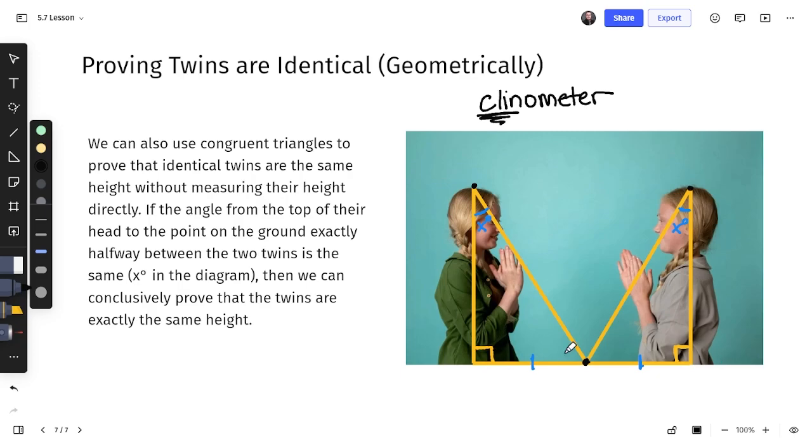We don't even have to know the distance between them, we just have to know that the angle from the top of their head was measured to a point directly between them. And we would have an angle and a side, an angle and a side. So you could use the angle-side criterion to prove they are the same height.